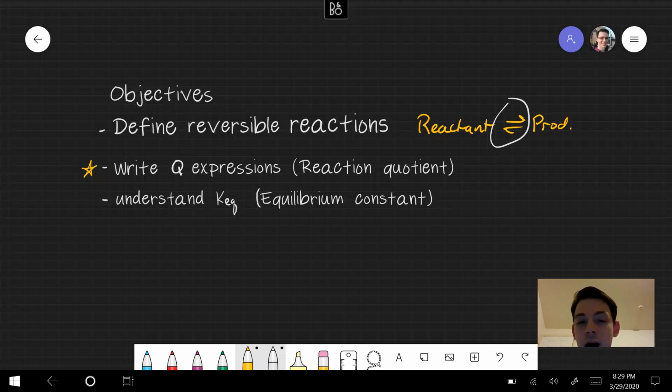It's a specific value of Q in which equilibrium is reached. So an equilibrium constant, equilibrium expression, you'll hear me use that as well. Really, it's the same idea as Q. It's just a specific value for Q. Okay, so the equilibrium constant is the value of Q when equilibrium has been reached.